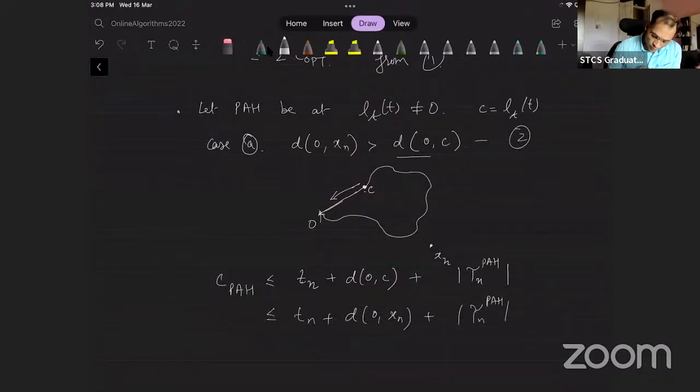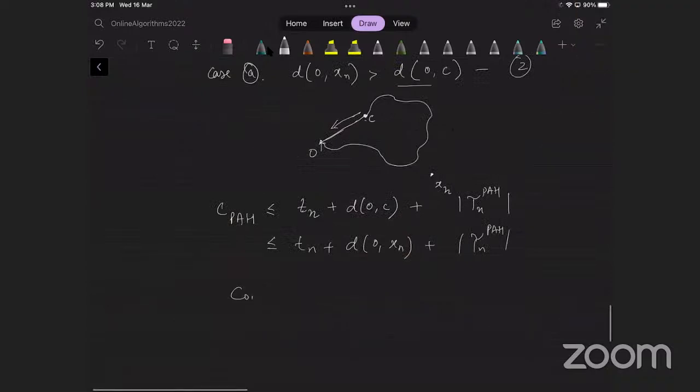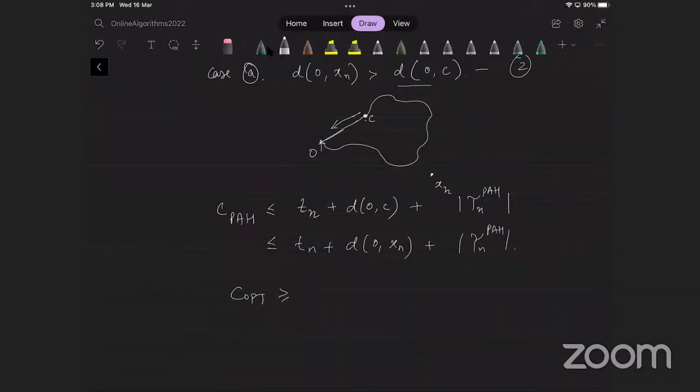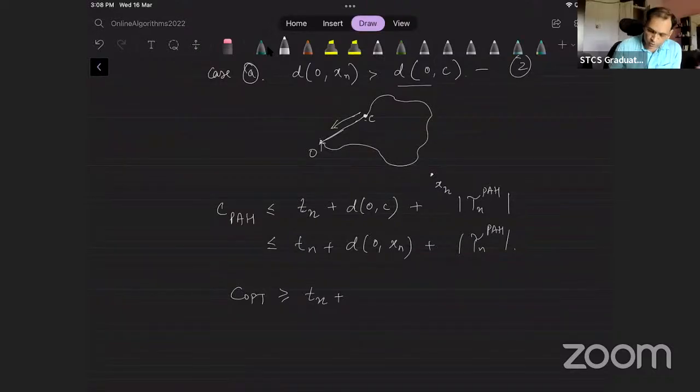Correct? Now what is the cost of OPT? At time Tn, Xn has been revealed. So what is the cost of OPT at least? Tn plus D0XN. See, at least you have to go back from here to here.